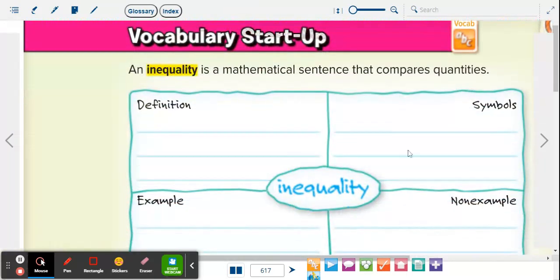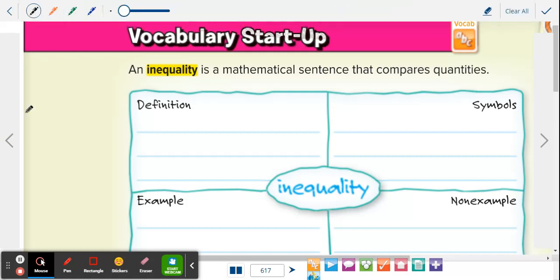So, an inequality is a mathematical sentence that compares quantities. Okay, so what would the definition be? What would the inequality definition be? Guys, it's literally the only sentence on this page. This is why you have to pay attention.